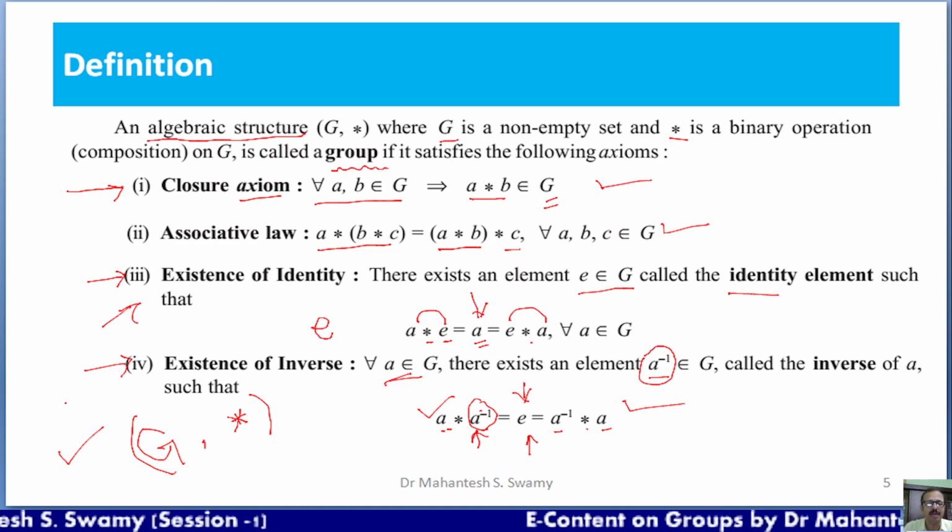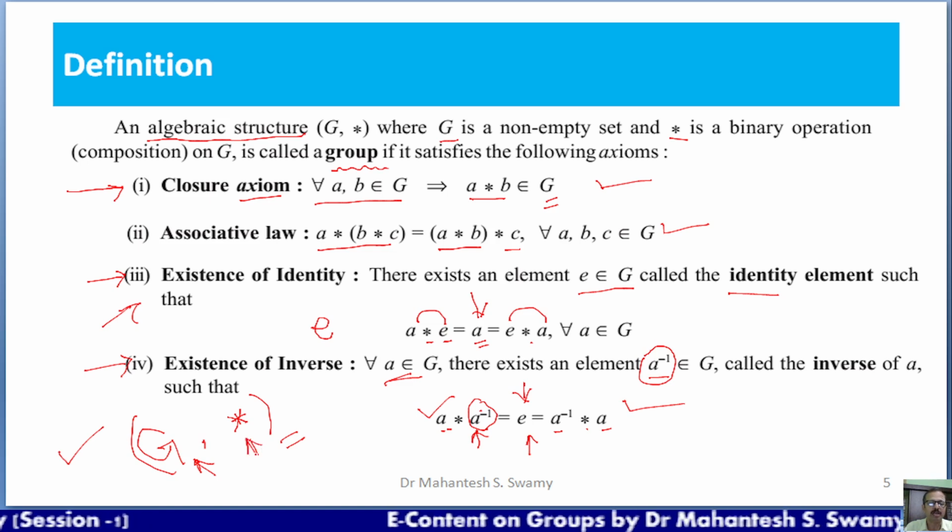So what is an algebraic structure? It is a non-empty set together with a binary operation defined on it, which satisfies some important axioms.